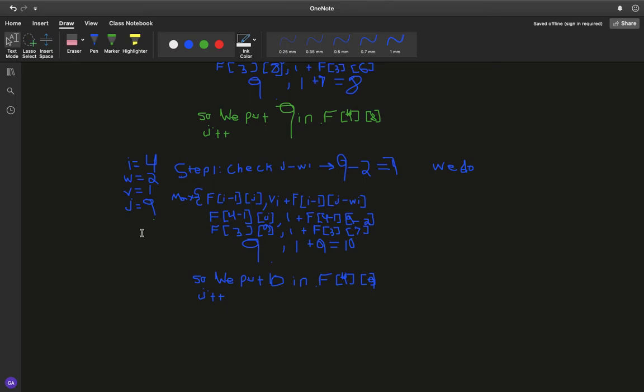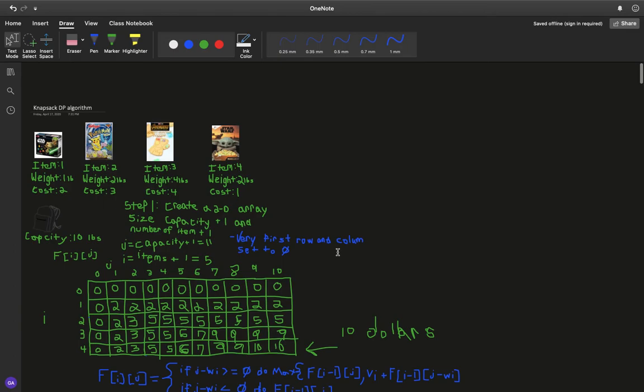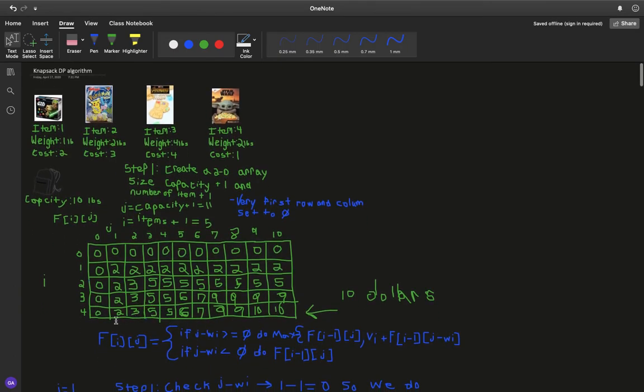We increment j, which is now 10. 10 minus 2 would equal 8, not 3. The only thing changing would be j equal to 10, which would still be 9. So it would be 1 plus 9, which is 10. So we still end up putting 10 in f sub 4 of 10.